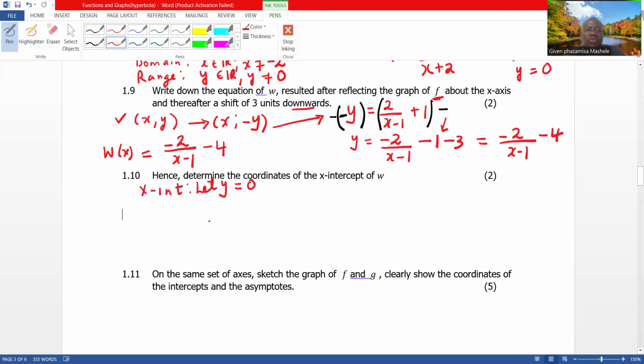And to do this, from the equation of W, because W is the y value, we're going to say 0 equals to minus 2 over x minus 1 plus 4. We need to solve for x here. So what we're going to do, we're going to transpose. Okay, I apologize, there's a typo here. I said plus 4 instead of minus 4. Right? 1.10.